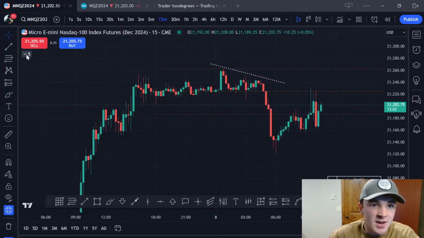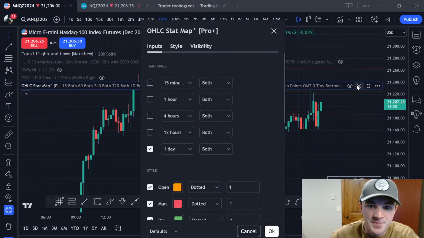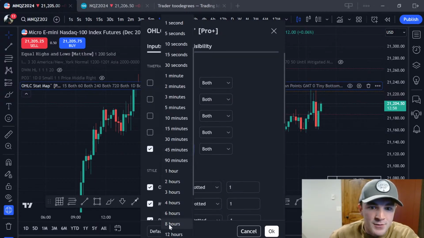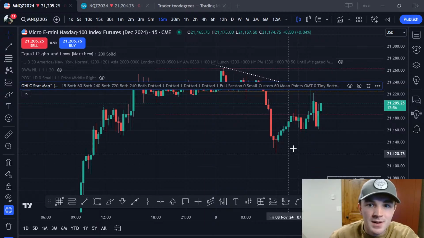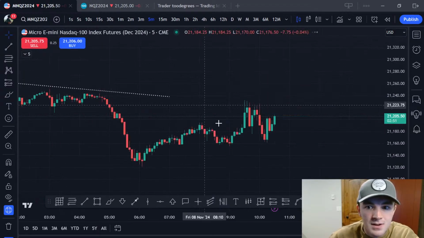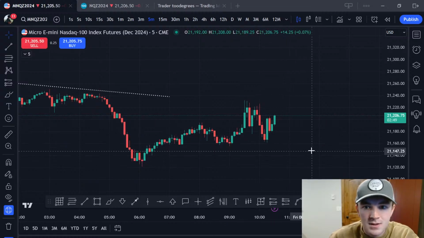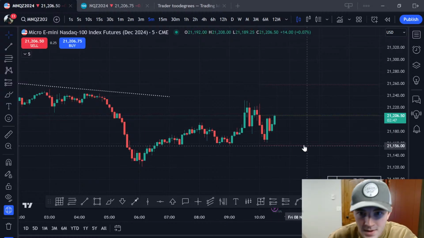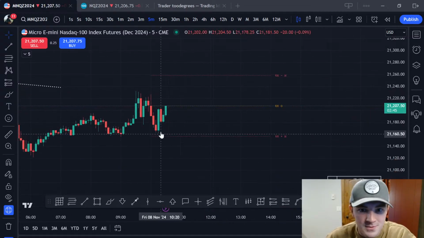You can do it for all kinds of different candles too, like the 4 hour. Let's see if this pops up. Look, right to almost the 4 hour manipulation.